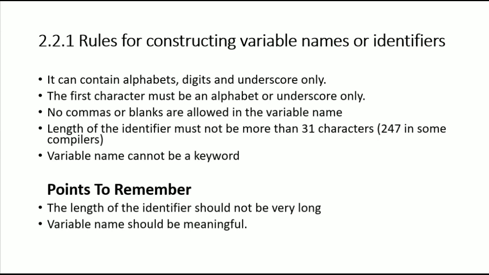And variable name should be meaningful. For example, if I am creating a variable for storing the area of a rectangle, then the variable should be named area instead of just naming it x, y, or z, to make the code easier to understand.